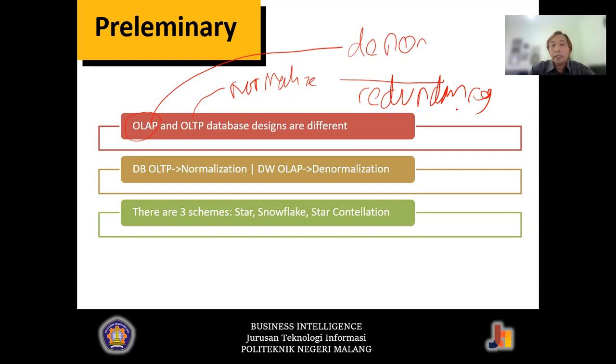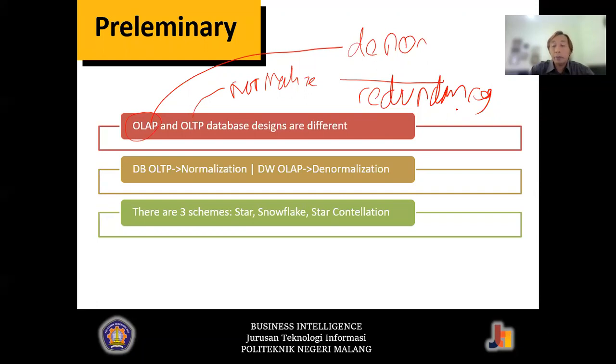So basically, there are three schemas to be used as a data warehouse. The two schemas often used are called Star Schema and Snowflake Schema. The third schema, called Star Constellation, is rarely used because it's quite a complex database, and usually the middle management does not need that kind of complexity.